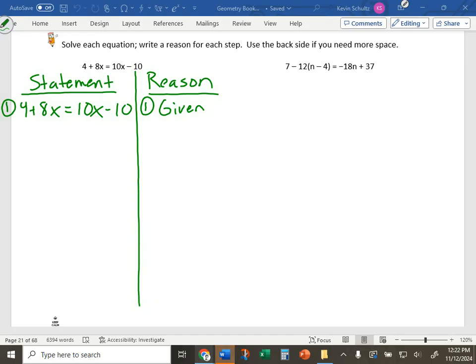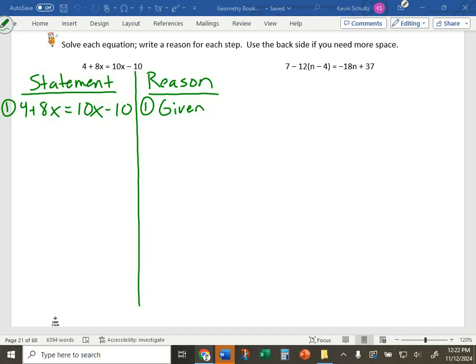Now, if you were solving this in algebra, back in pre-algebra or whatever, raise your hand, what would you do first? There's a couple different options here. What would you do first, James? Move the 8x over. And how would you do that? By subtracting it. So you were taught to use opposite operations.